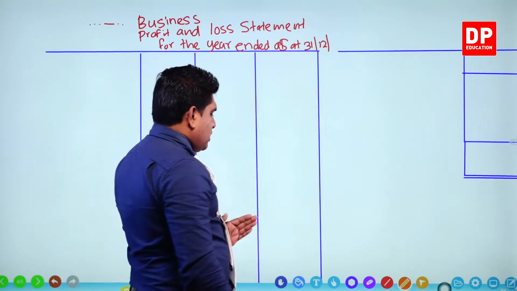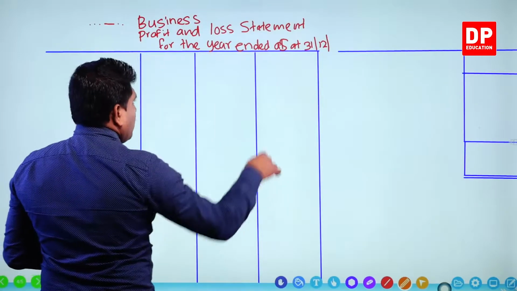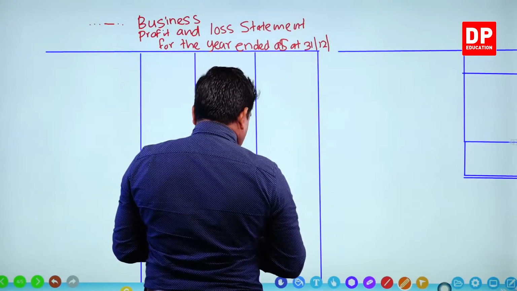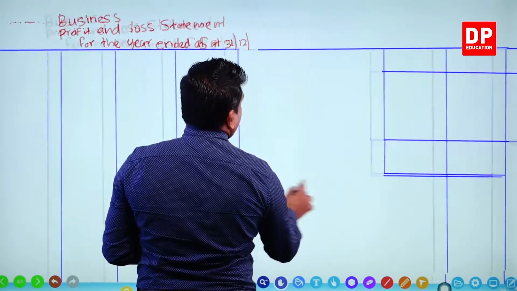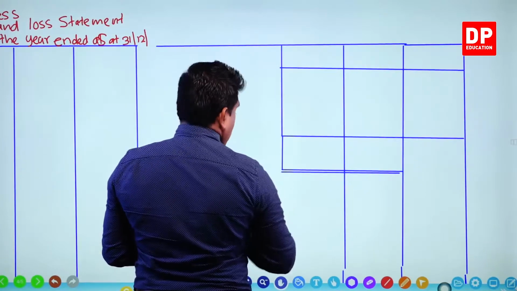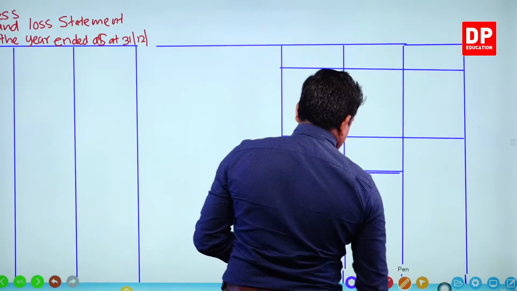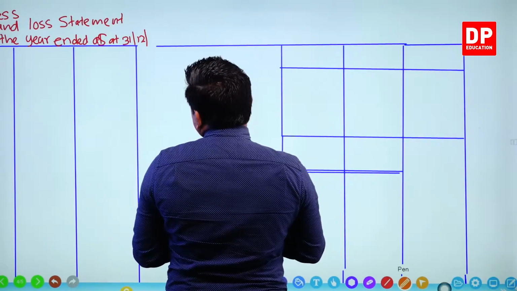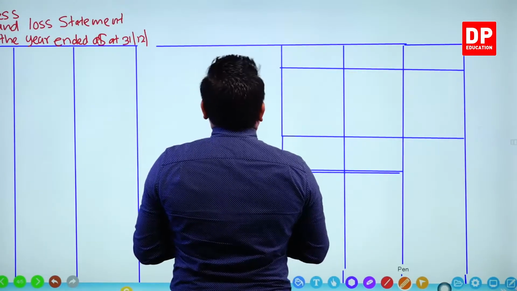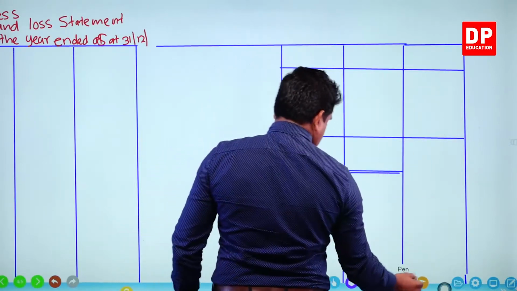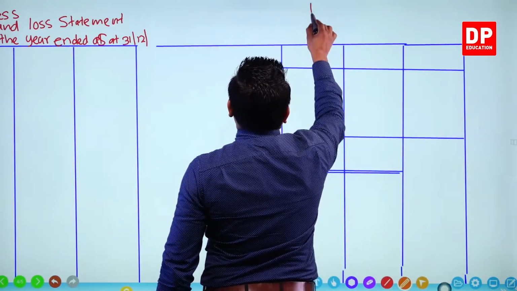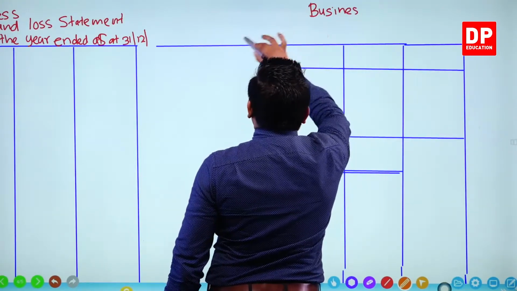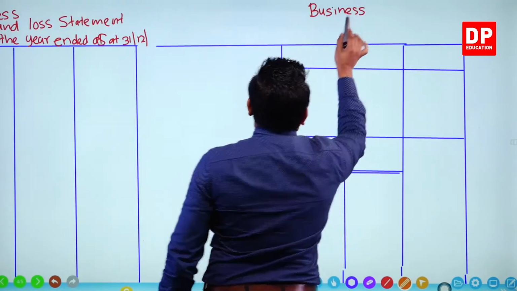Now here also, in front of the profit and loss statement, you can see the statement of financial position. You can compare how we write the names and names of the account on the top of the relevant statement. Here also you put business. If they have given the name of the business, you can put Kamal's business or Amal's business; here the name is not given, so business.